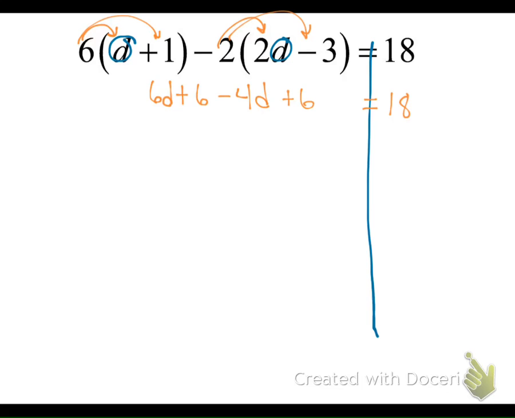After I distribute, my next step is to combine like terms. What are my like terms up here? 6D and negative 4D. And what's my other like terms? Positive 6 and positive 6. I'm always going to start combining like terms using my variables first. So what's 6D minus 4D?